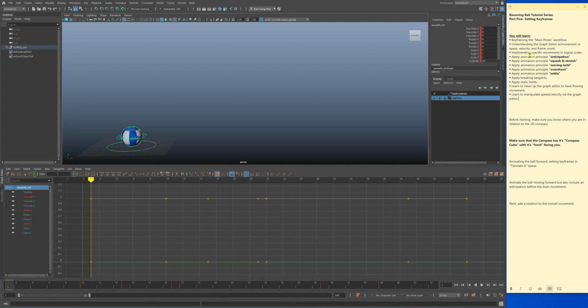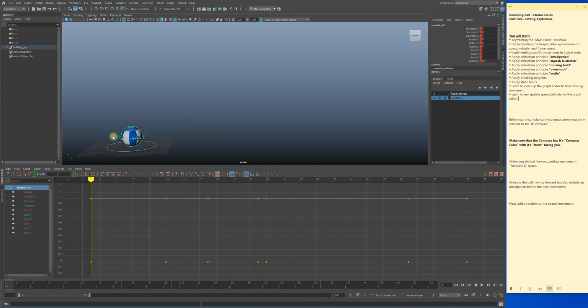So first, the concept of keyframing, the main poses workflow. So I'm gonna talk about that in comparison to the other method, which is pose to pose or straight ahead.